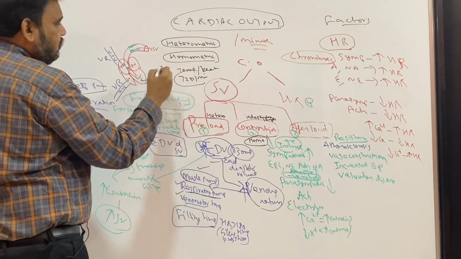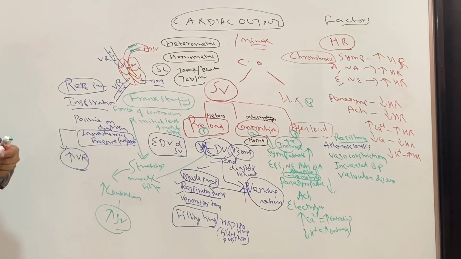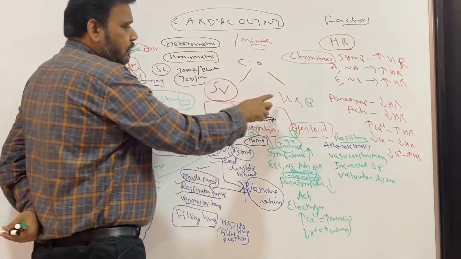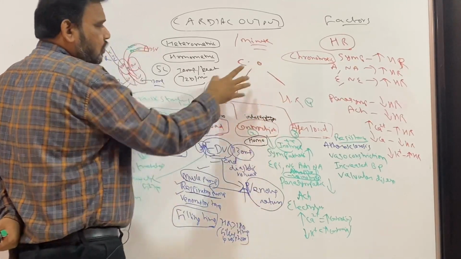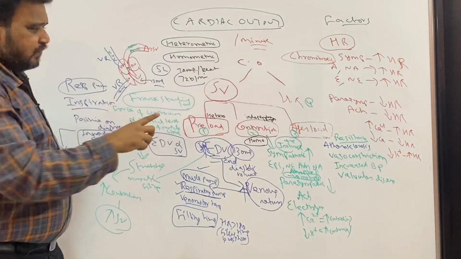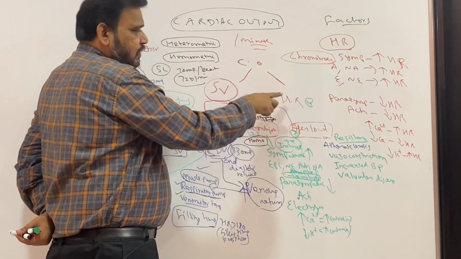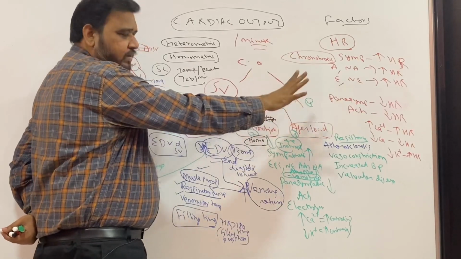So 70 into 72, approximately it is 5 liters. The factors affecting cardiac output are stroke volume and heart rate, as the formula is cardiac output equals stroke volume into heart rate. So totally 4 factors. For stroke volume we have preload, contraction, afterload, and the fourth factor is heart rate.